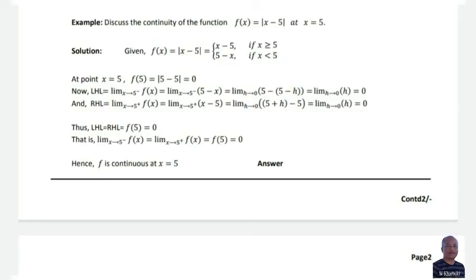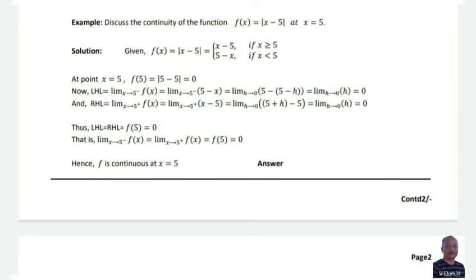So first, we find out the value of the function at 5. So f of 5 is equal to 0. Now the left-hand limit, LHL, is written as limit f of x as x approaches 5 from the left.